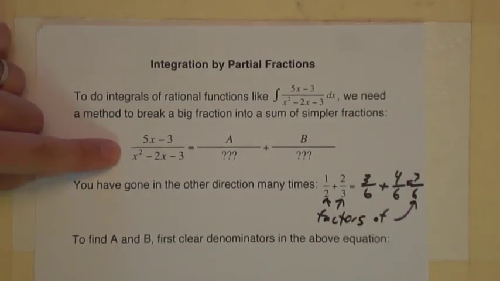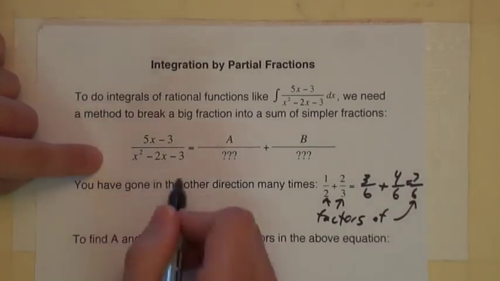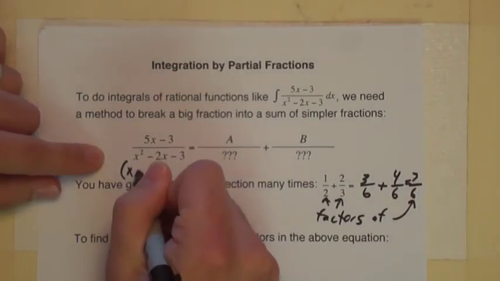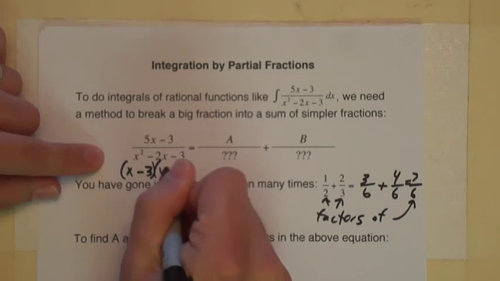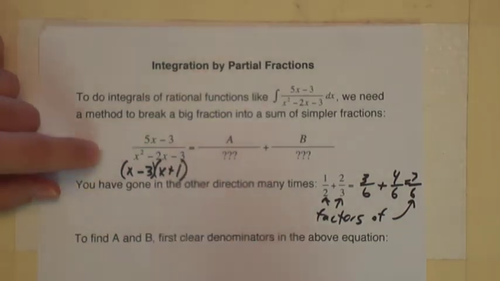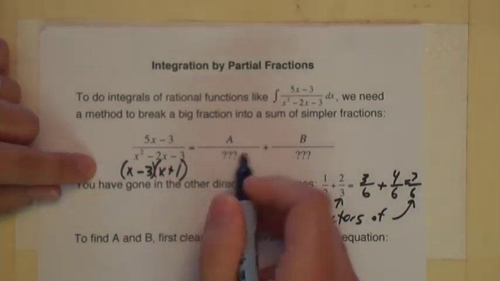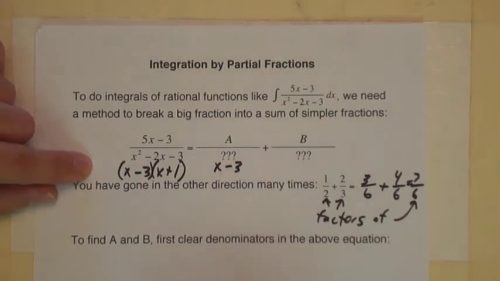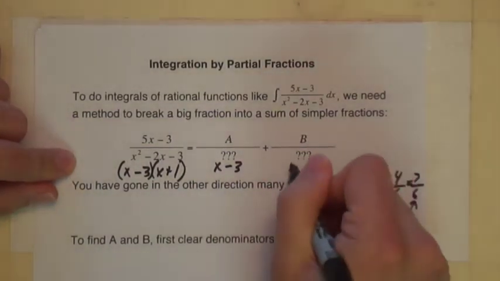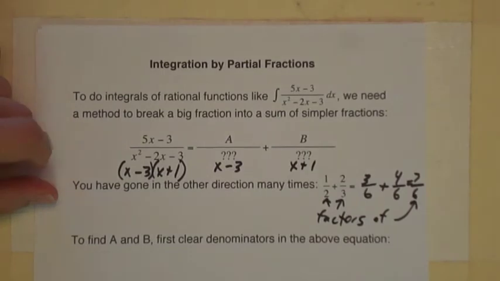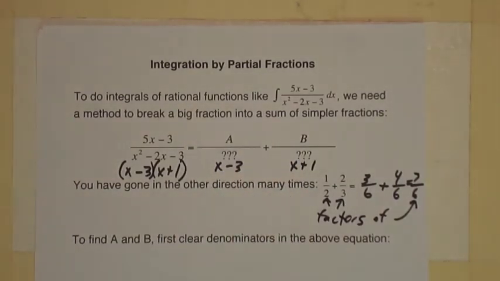So you have to kind of whip out and dust off your old factoring skills and say, this quadratic at the bottom factors as x minus 3 times x plus 1. So this denominator is going to be x minus 3, and that denominator is going to be x plus 1. So that's what the question marks are. They're just factors.